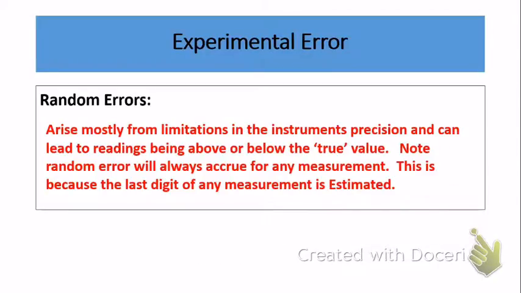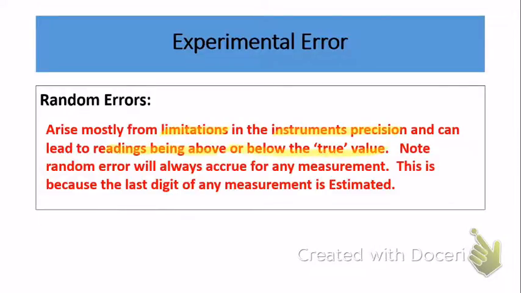All right, so the first type of experimental error is known as random error. We can think of random error as arising mainly due to limitations in an instrument's precision. This means that when we read a measurement, the reading can always be above or below the true value.